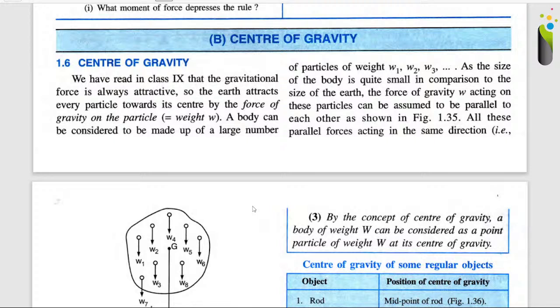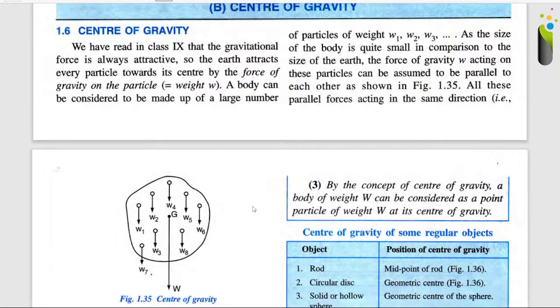So, the earth attracts every particle towards its center by the force of gravity on the particle, that is equal to weight W. A body can be considered to be made up of a large number of particles of weight W1, W2, W3, etc. As the size of the body is quite small in comparison to the size of the Earth, the force of gravity W acting on these particles can be assumed to be parallel to each other as shown in figure 1.35.